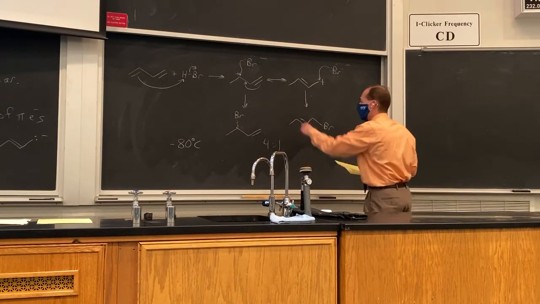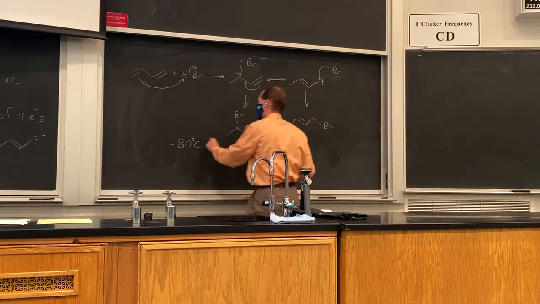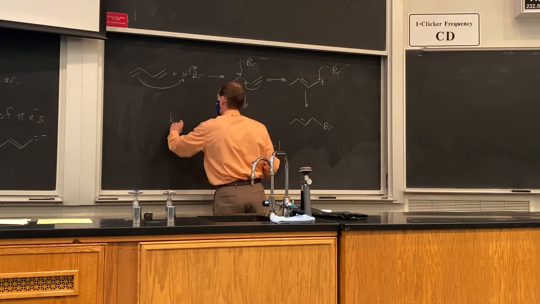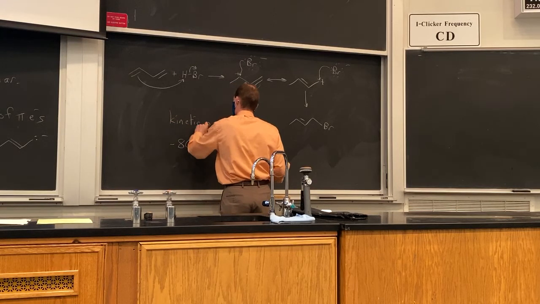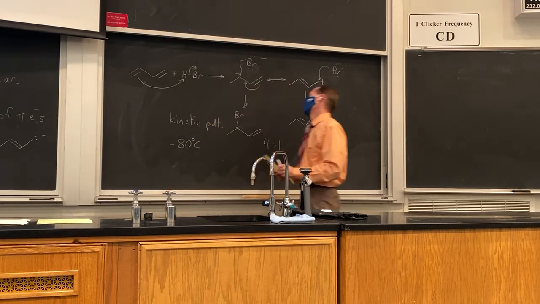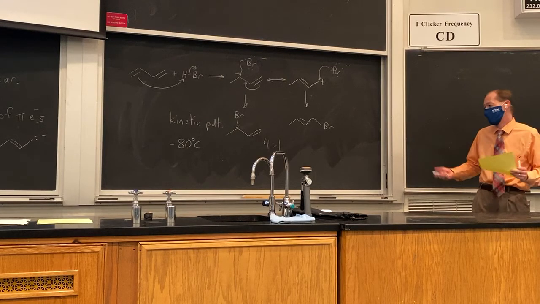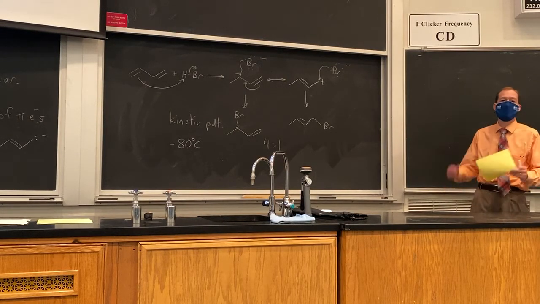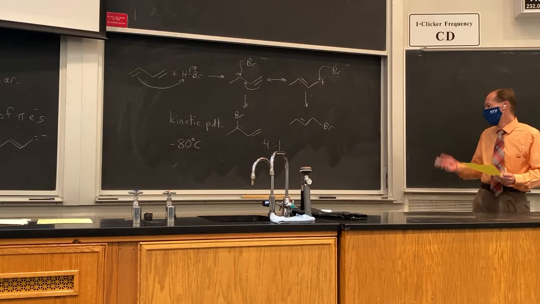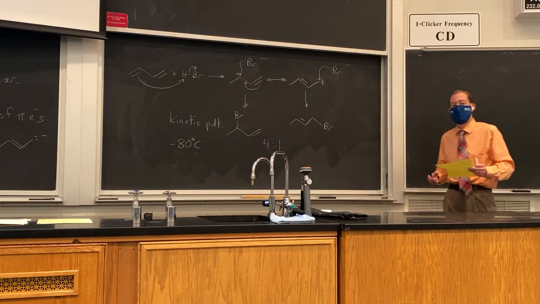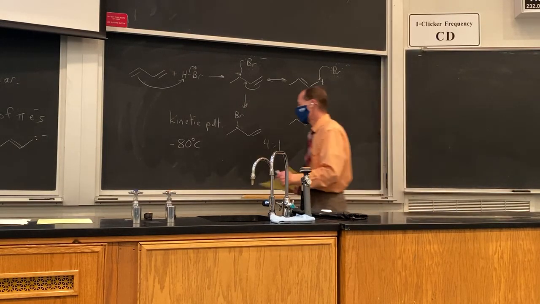And we're going to refer to the 1,2 addition product as the kinetic product, okay? That means it's the product that is formed the fastest or formed the most rapidly, okay? The 1,2 addition product is formed the fastest, and at minus 80 degrees, it predominates. It is the major product, okay?